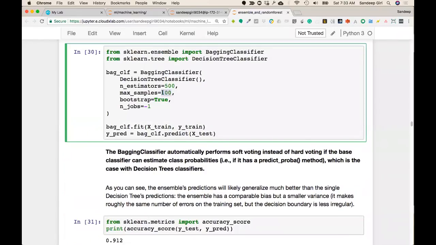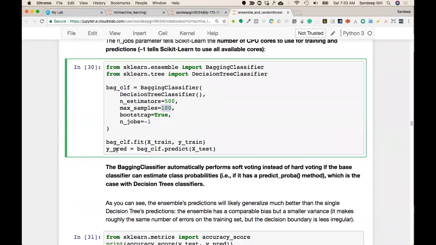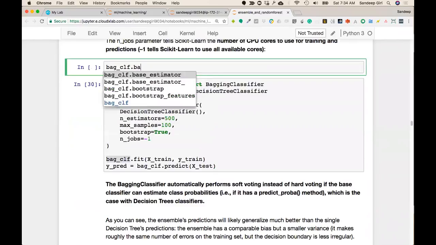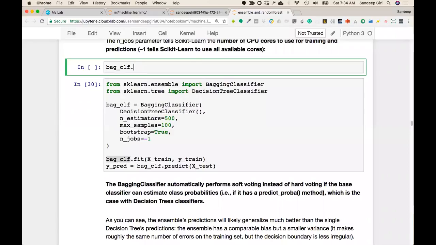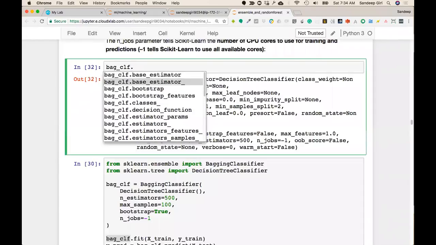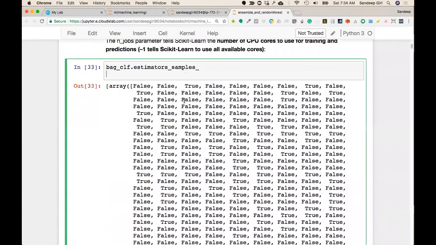Here we're talking about max samples as 100. So what would have happened, and how big is the data? Let's take a look at the data again. Is there a way to see the bags? I doubt it. Let's see. Okay, this is the one: estimator samples.